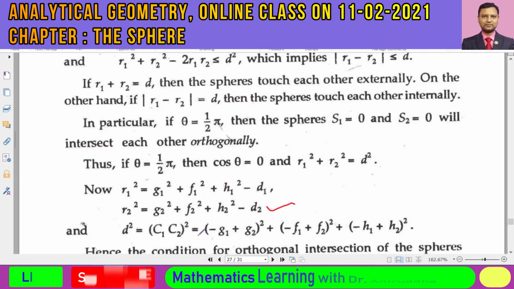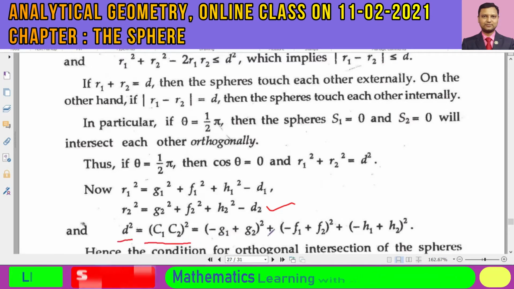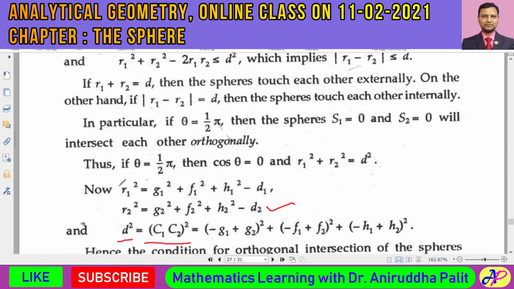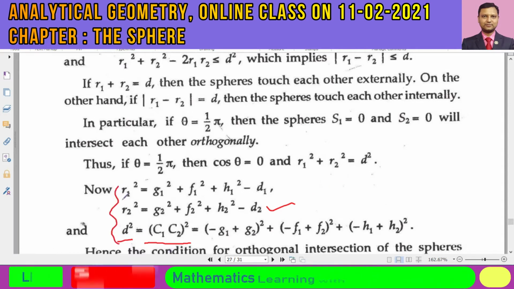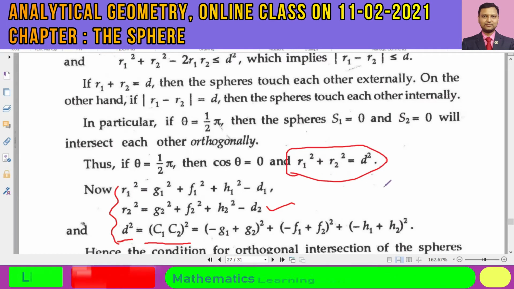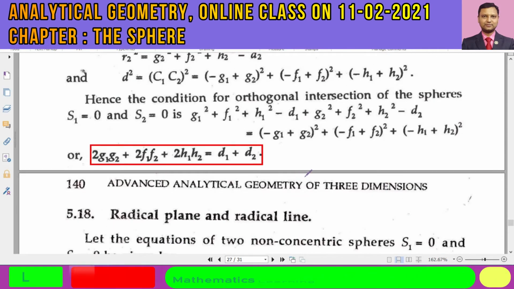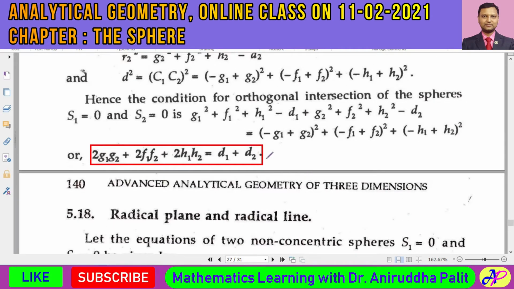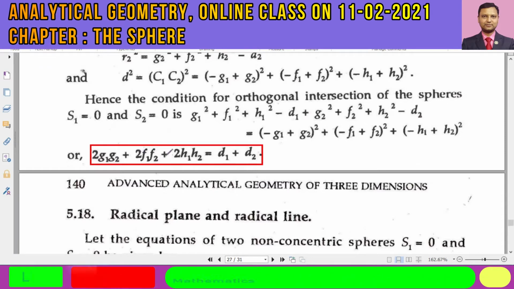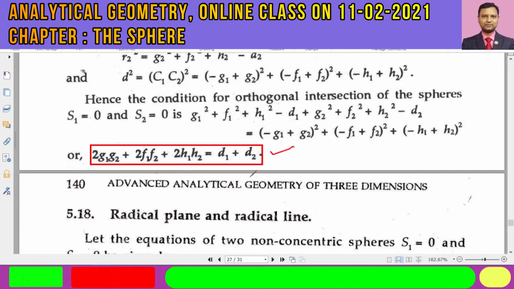And as we know the coordinates of C1 and C2, we can compute the distance between C1 and C2, that would be equal to D. So if we put the expressions of R1 square, R2 square, and D square in this relation, the result can be simplified, and ultimately we get twice G1 G2 plus twice F1 F2 plus twice H1 H2 equal to D1 plus D2.